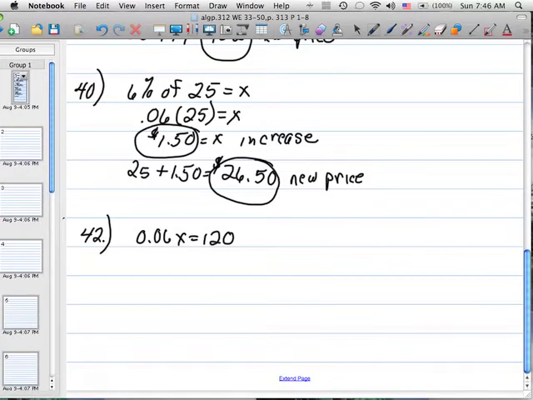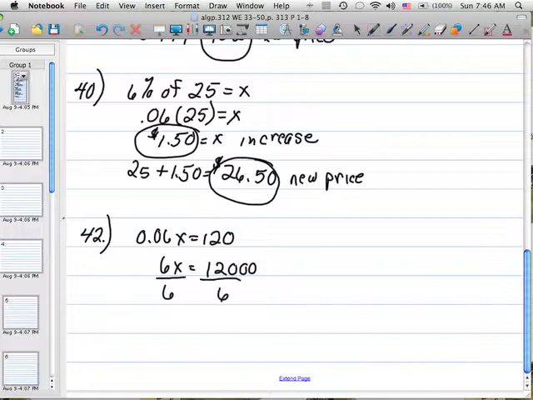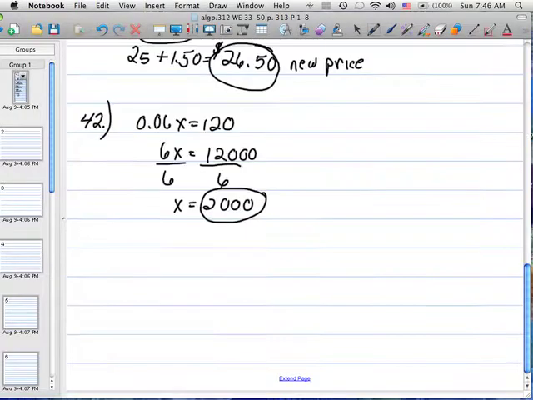So we're going to multiply by 100, so everything slides over 2 places. So this is going to be 6x, and 120 multiplied by 100 is going to add 2 zeros. And then divide by 6, and we get x equals 2,000. So we're eliminating the decimals.